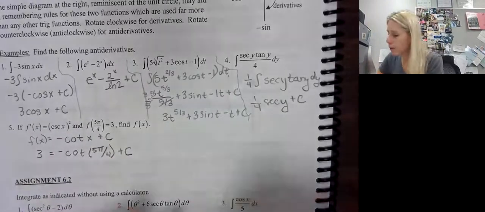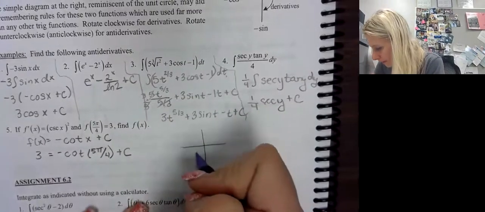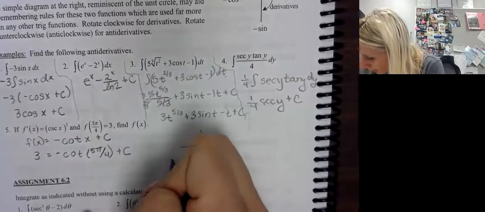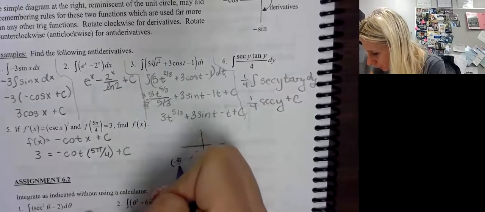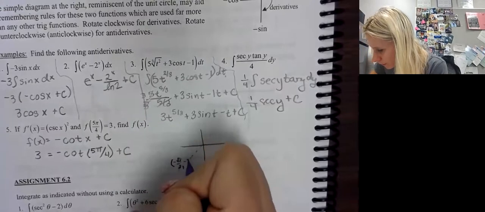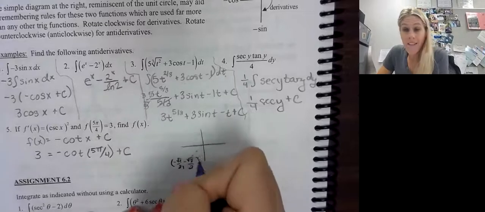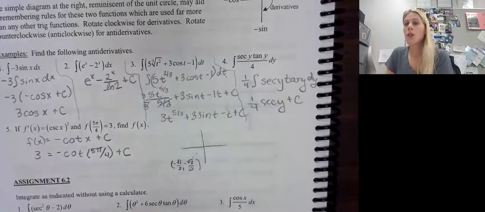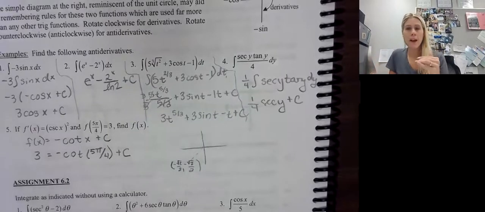So we must remember our unit circle. 5 pi over 4 is over here, which means we have the coordinate negative square root of 2 over 2, comma, negative square root of 2 over 2. By the way, I've asked you multiple times to be writing your unit circle out every time so this becomes habit.